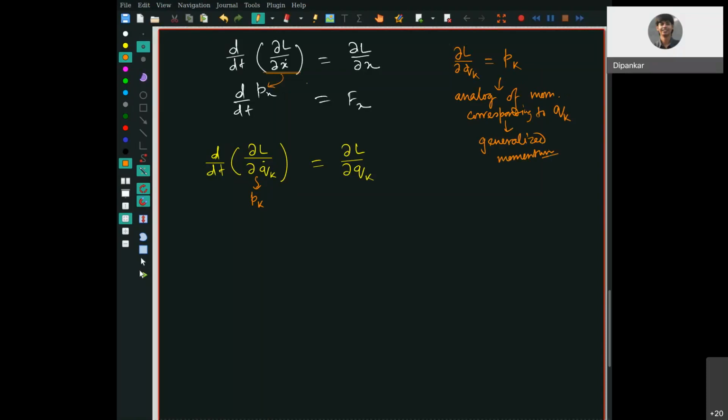So then the left hand side reads dpk dt, the rate of change of momentum. In a similar way, I identify my right hand side. What is the rate of change of momentum? Some kind of force. If I am inspired by Newton's second law, this is some kind of generalized force.